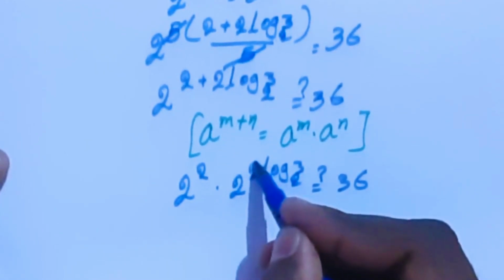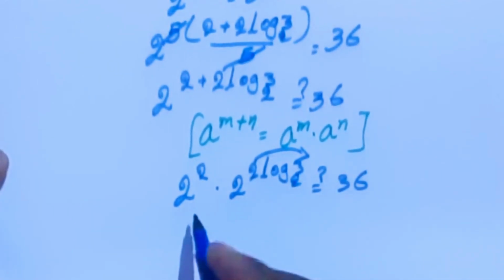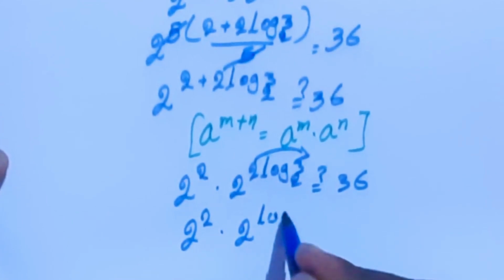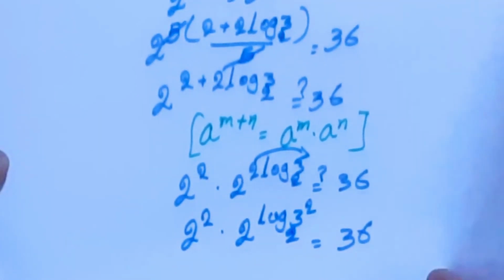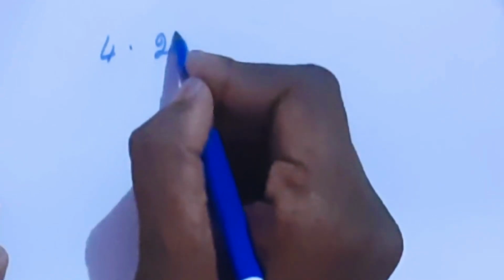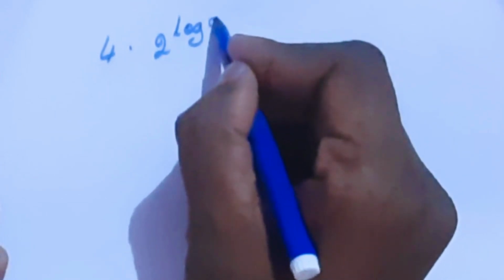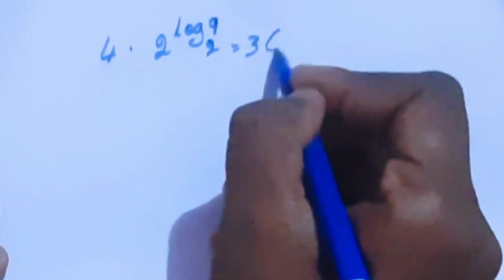Now as per this log power formula, this comes in the power 2. So 2 power 2 times 2 power log 3 power 2 equal to 36. Now 2 power 2 is 4 times 2 power log, this 3 power 2 can be written as 9 base 2, equal to 36.